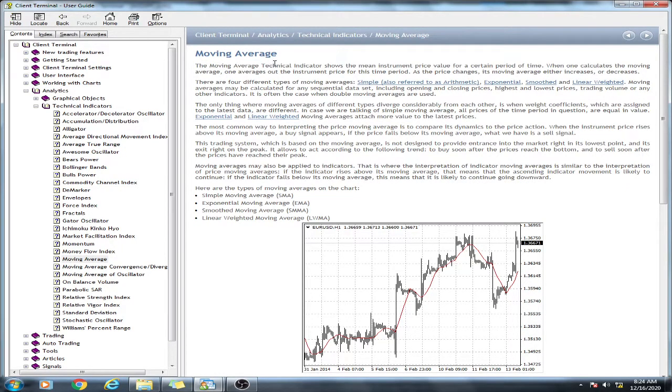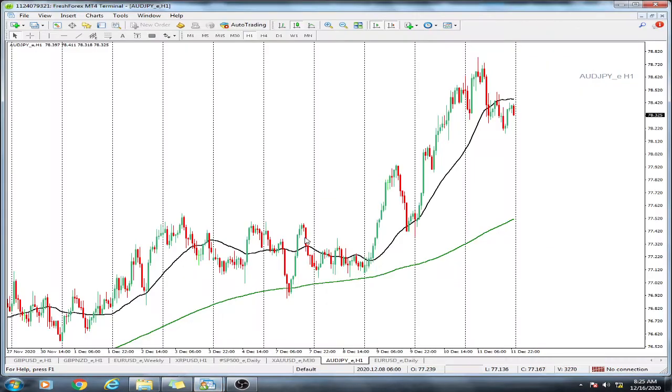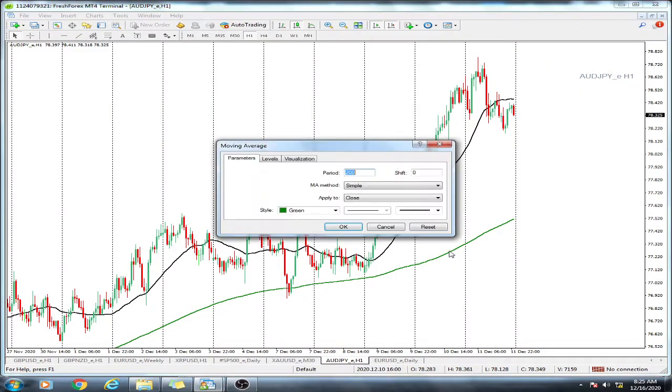So the moving average indicator shows the mean instrument price value for a certain period. The period here is 200 candles back. I hope you understood what I said here. The period they're referring to is actually 200 candles back.